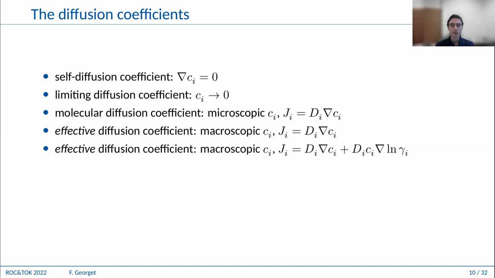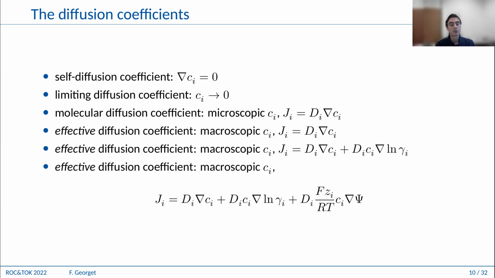You could also consider the non-ideality of your pore solution. And in this case, you would have to add a term describing the non-ideality of this solution. But if you consider a complex pore solution, then you also need to consider the effects of the other ions. And you need to go towards a more complex equation.